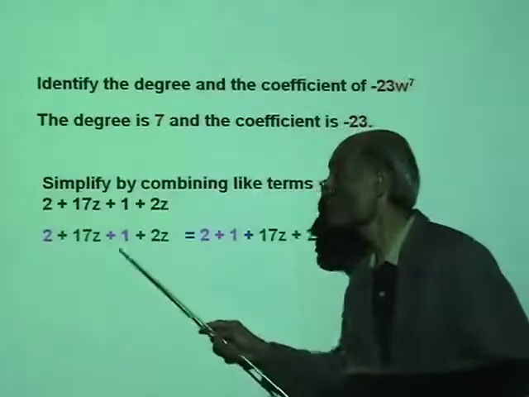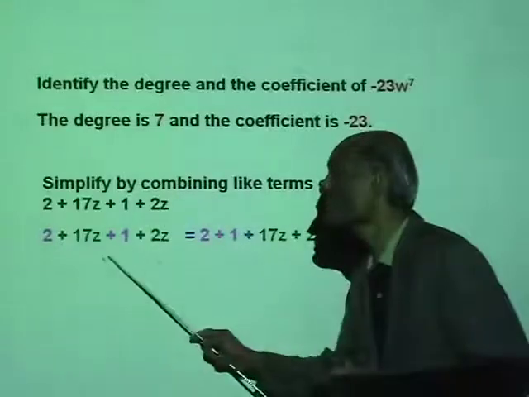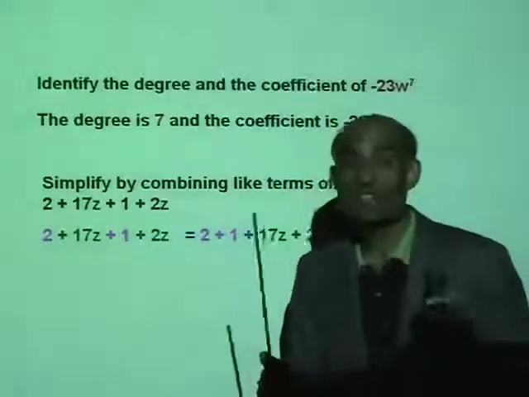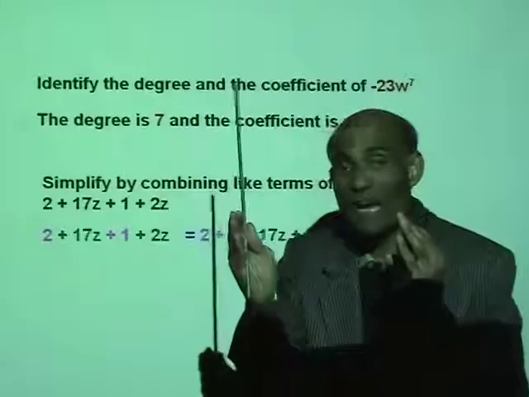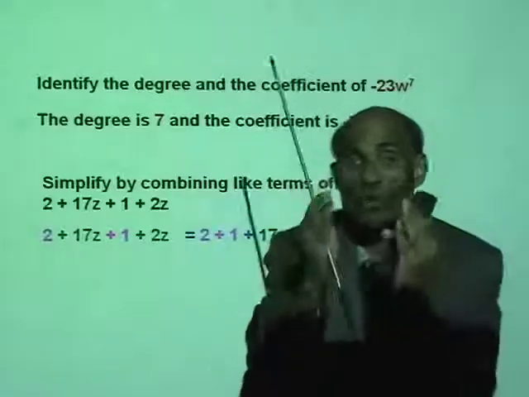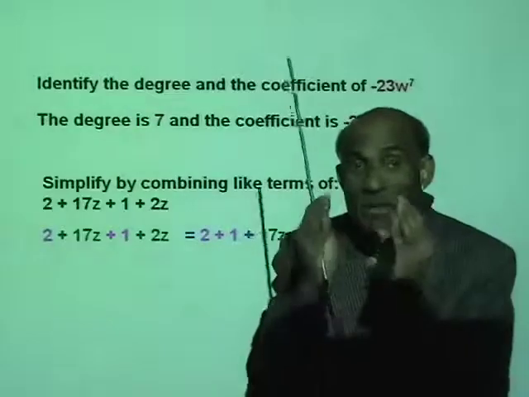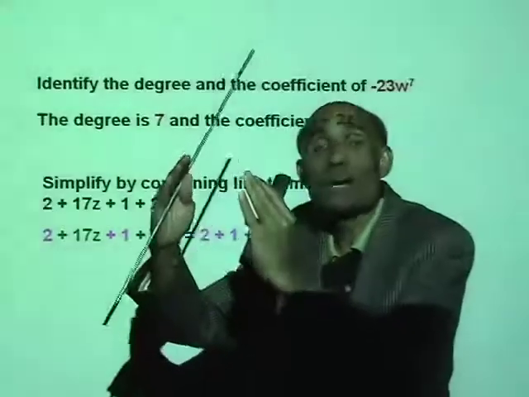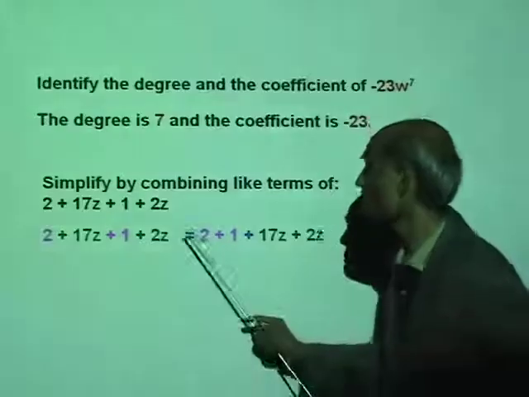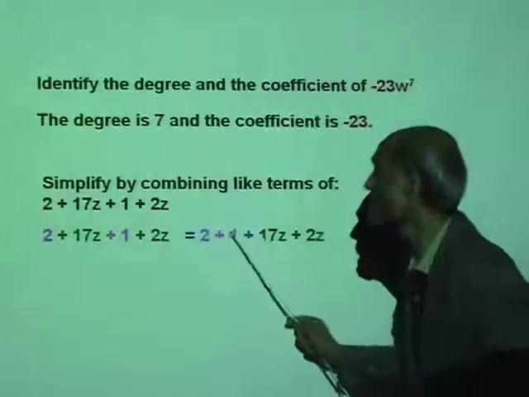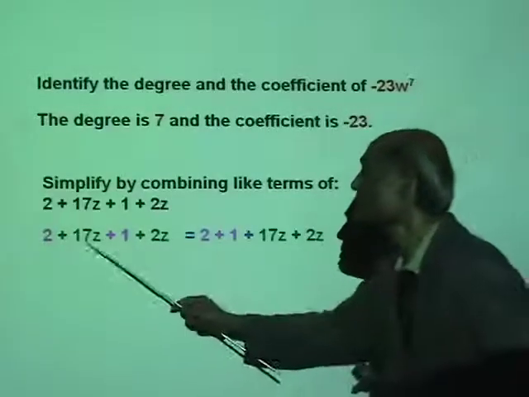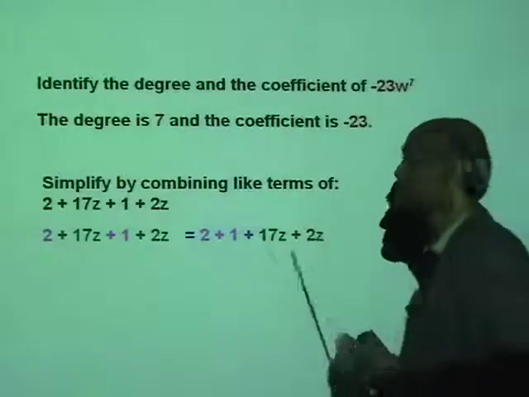I can combine them together and look at the way I write it. This is 2 plus 1. I write the numbers first. You see, associative property. I can write the addition in any order I want. So I am now associating the numbers together and the terms in z together. So that will be 2 plus 1 plus 17z plus 2z.